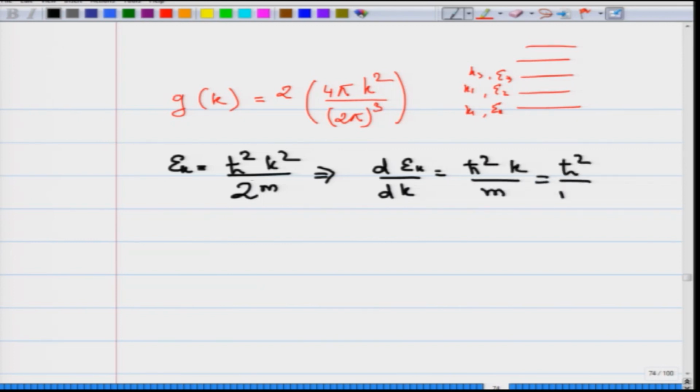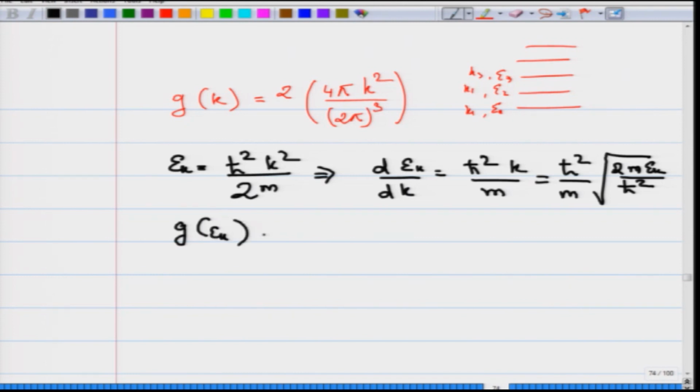So, therefore, for dE by dk, I can rewrite k again in terms of Ek as square root of 2m Ek by h cross square.